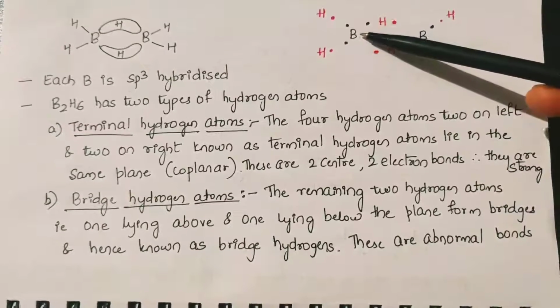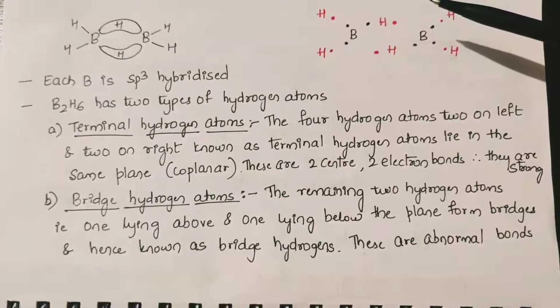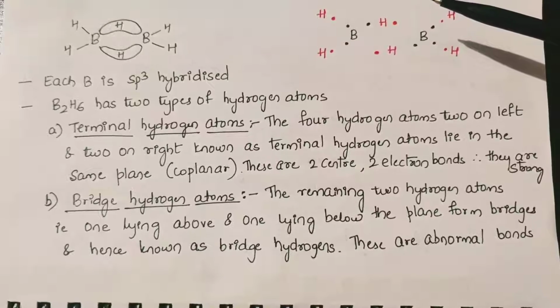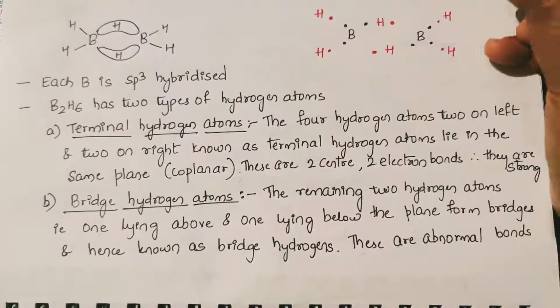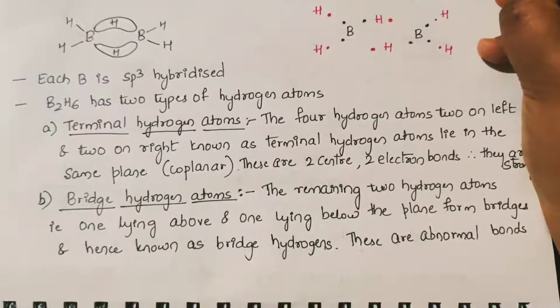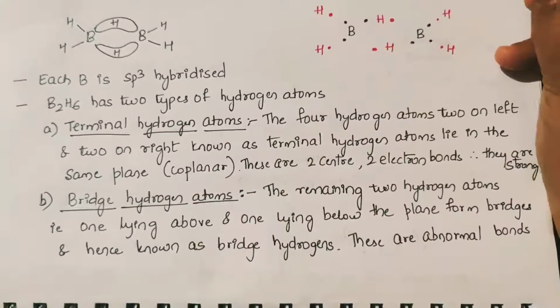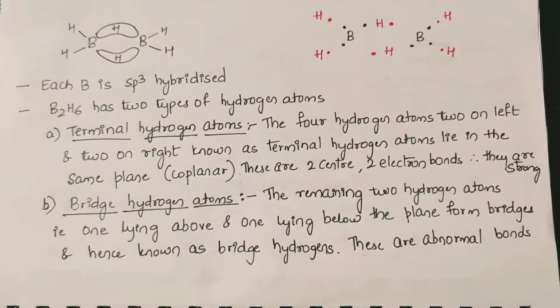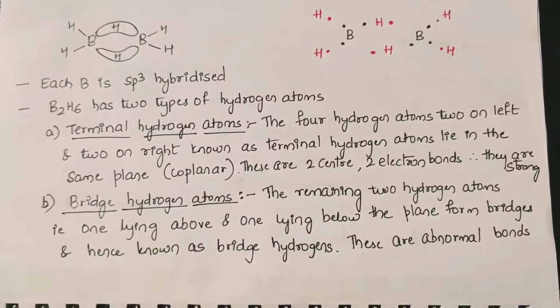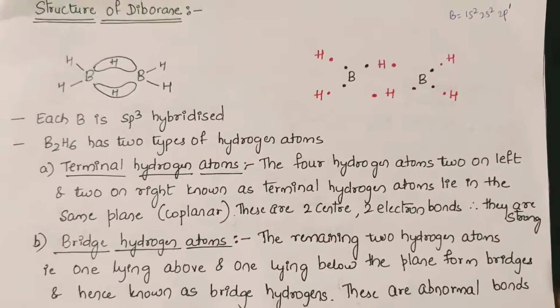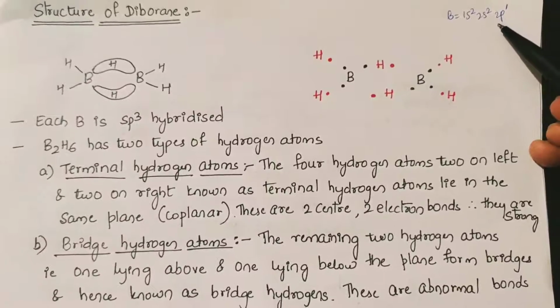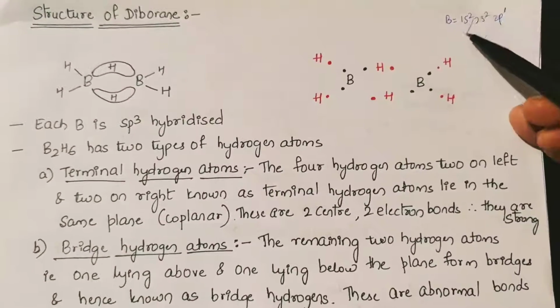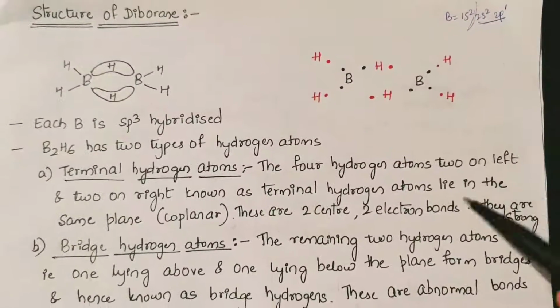The atomic number of boron is 5. What is its electronic configuration? 1s2, 2s2, 2p1. So this is the electronic configuration of boron. How many valence electrons does it have? Three valence electrons.